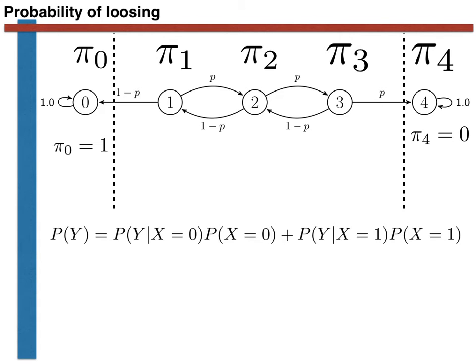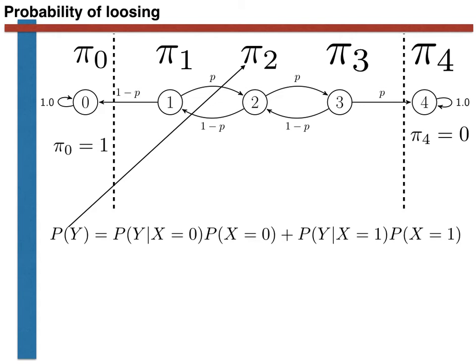We can read all of the quantities in this expression from the transition graph, as I will now show. Let's suppose that we start in state 2. The probability of Y that we would like to calculate is thus the probability of ruin given that we started in state 2, π2. The left-hand side of this equation is thus equal to π2.